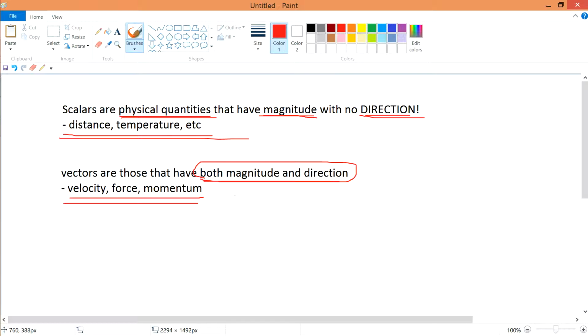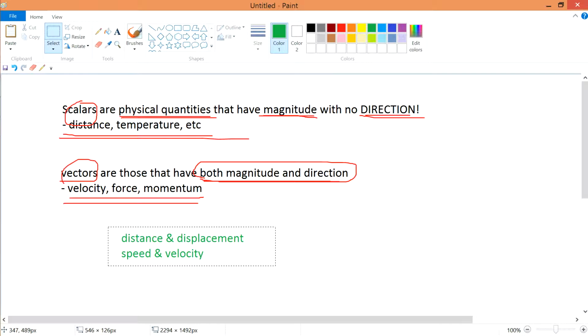But I want to convey something, a slight difference between vectors and scalars that we are often unaware of. It's the language itself. If you look at distance and displacement, and speed and velocity, they seem to have the same meaning. But if you split them out in terms of scalars and vectors, distance is a scalar, because distance is only magnitude: how far you have moved.